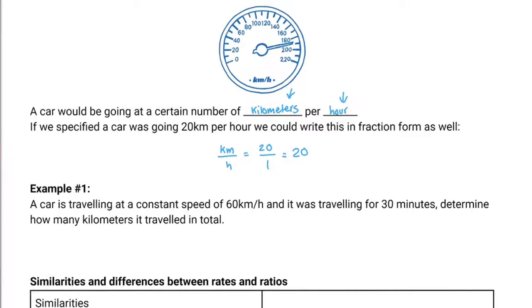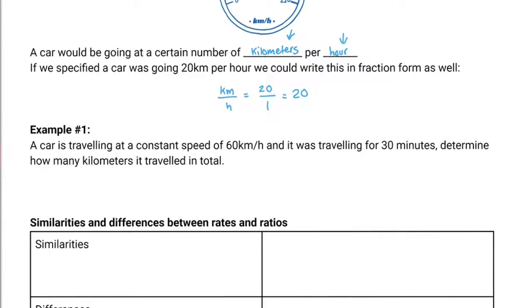So let's look at our first example. Let's say a car was traveling at a constant speed of 60 kilometers per hour. Constant meaning not changing. And it was traveling for 30 minutes. Determine how many kilometers it traveled in total. This is a pretty simple question, but let's see how we would solve it using proportions. So we have kilometers per hour, and we know it's going 60 kilometers per hour.